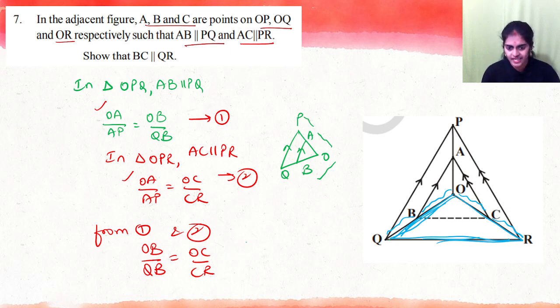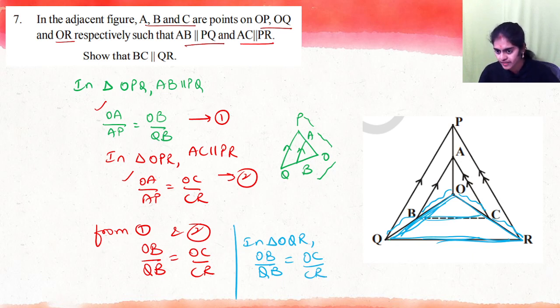Okay. So in triangle OQR, I got OB by QB is equal to OC by CR. So by converse of BPT, where is it divided? OB by QB, OC by CR. So here it is divided, no, at BC. So I can say BC is parallel to QR. Is it clear and simple?